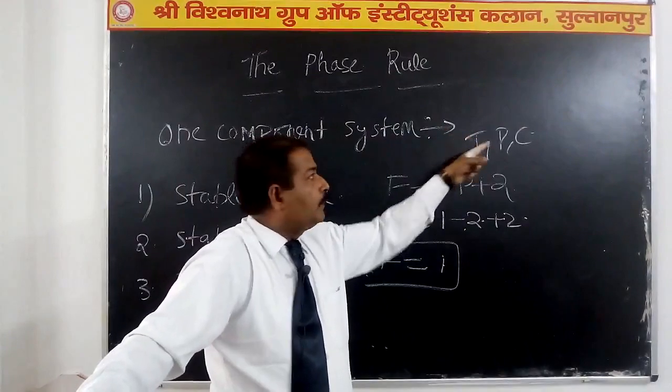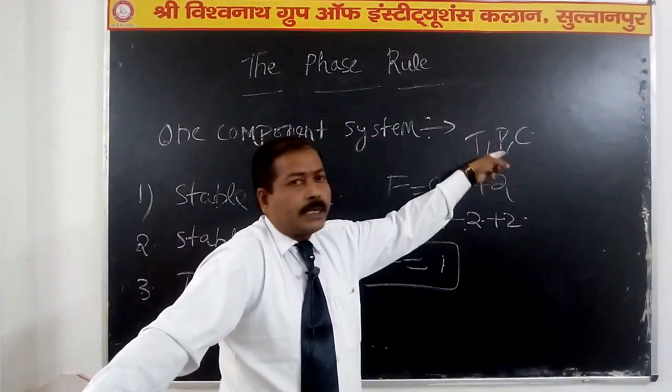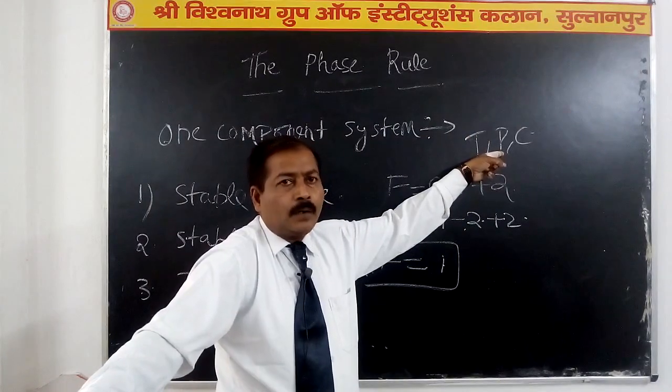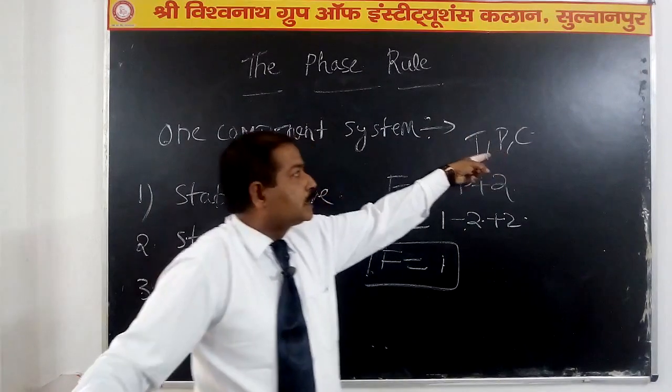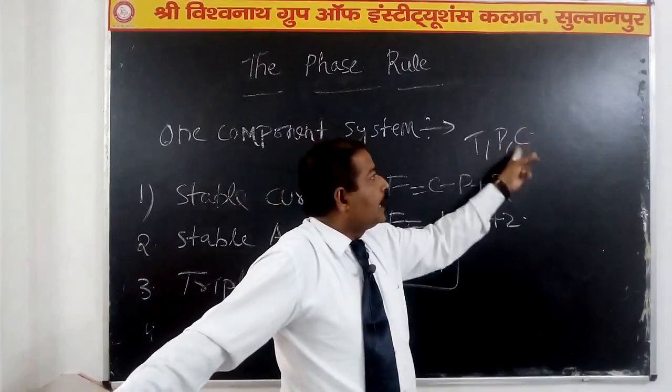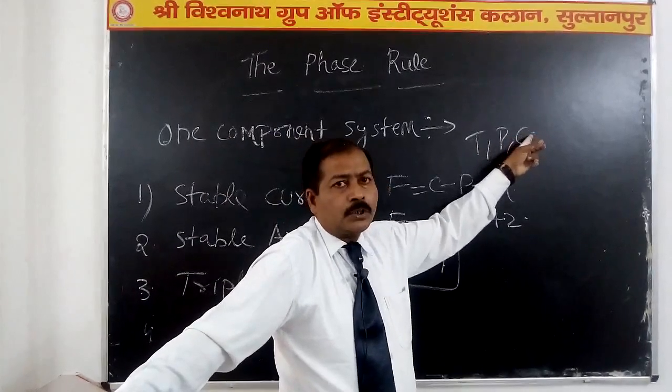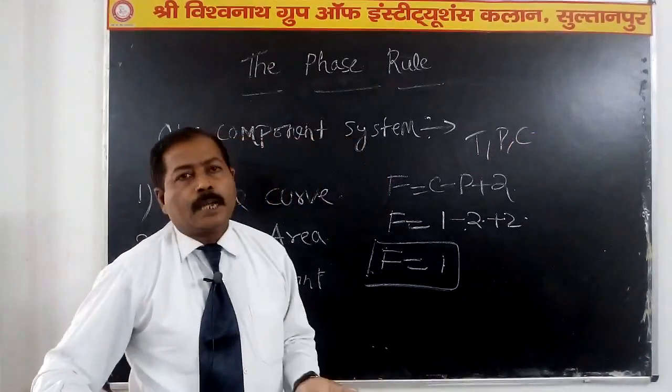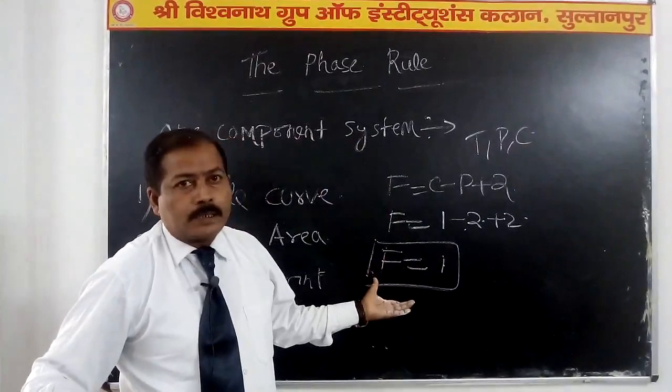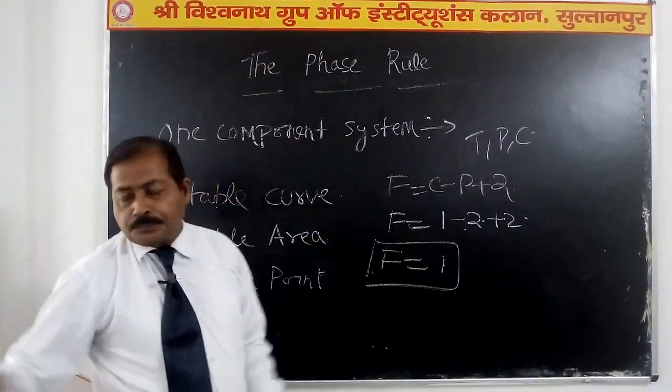With the help of the temperature, or the pressure, or the concentration or composition, we can describe the phase behavior of the particular system, that is F equal to 1.